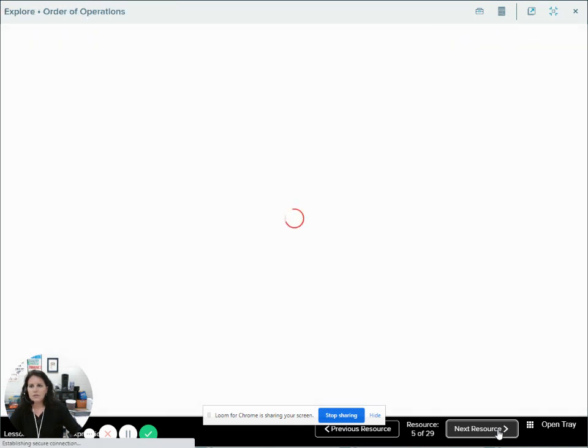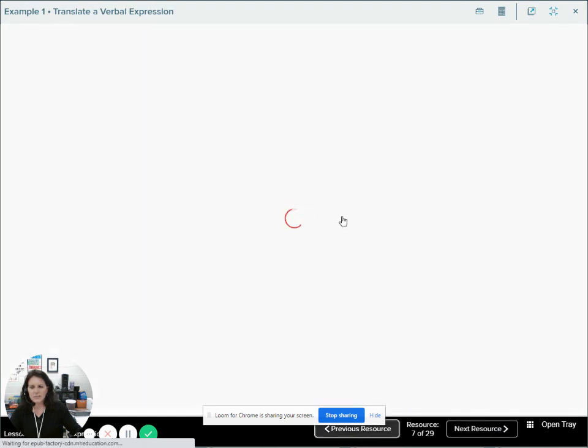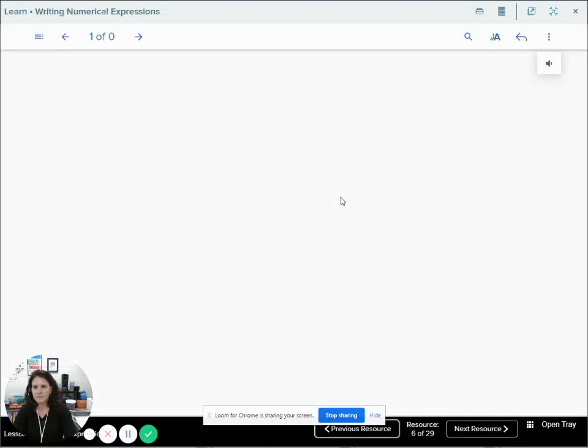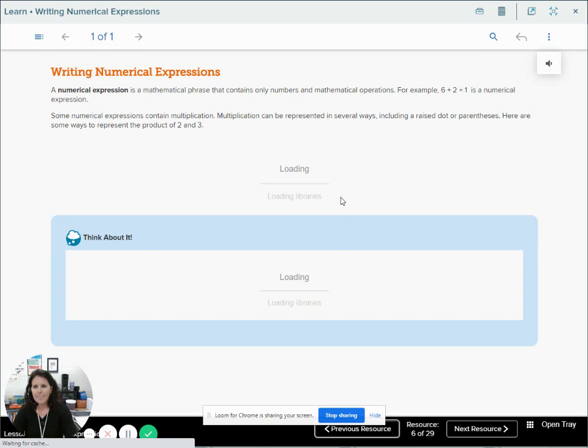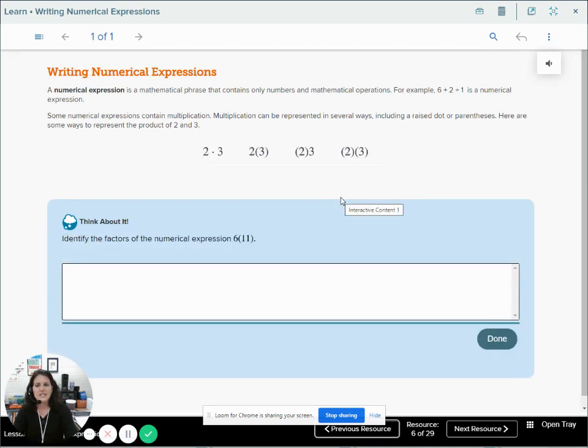Okay, so we're going to look at writing numerical expressions. What is a numerical expression? We already talked about this, but once again, it's a phrase that contains only numbers and mathematical operations. So for example, 6 plus 2 divided by 1. This is a numerical expression. Sometimes expressions contain multiplication. Multiplication can be represented with this dot.